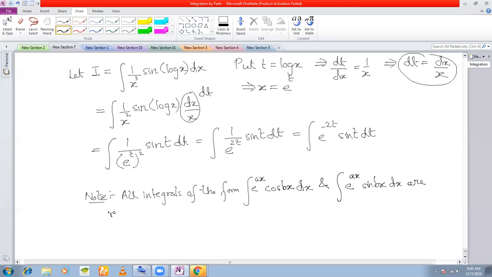Remember, most of the integrals can be brought to these two forms, and then you can do it by recurring integrals. Clear? Okay, sir. So I stop here for now.